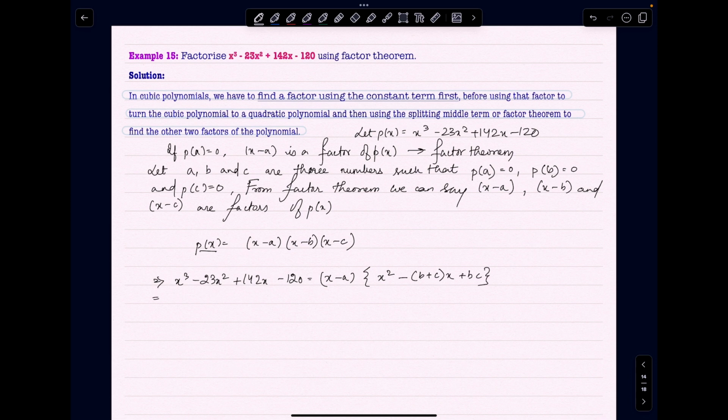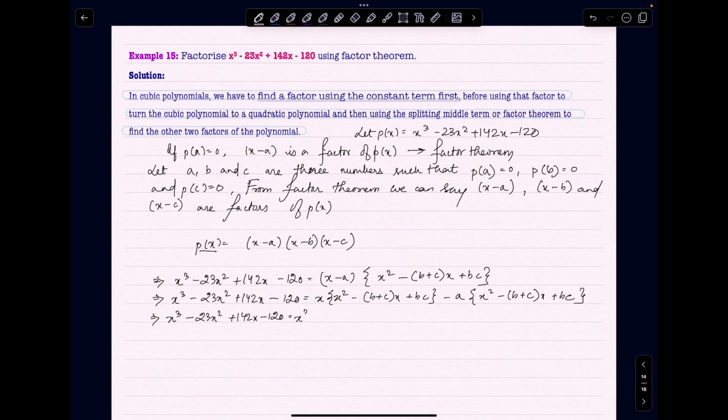Now again, x cube minus 23x square plus 142x minus 120 will be written as x into this term, x square minus B plus C x plus BC, then minus A of, again this is multiplied, x square minus B plus C x plus BC. Got my point?